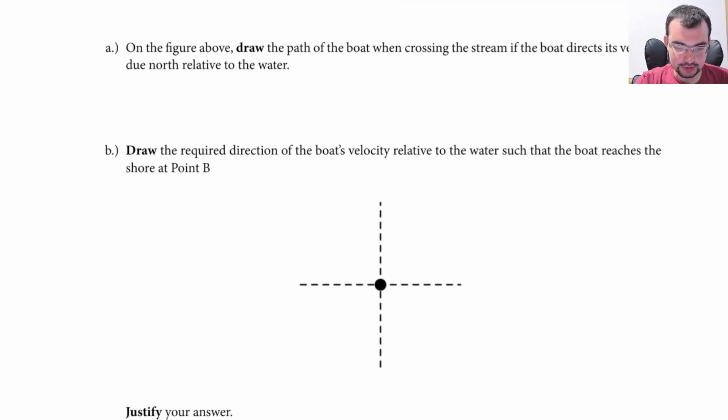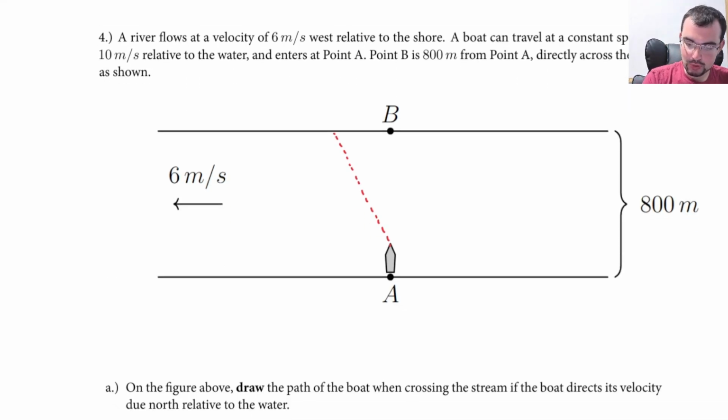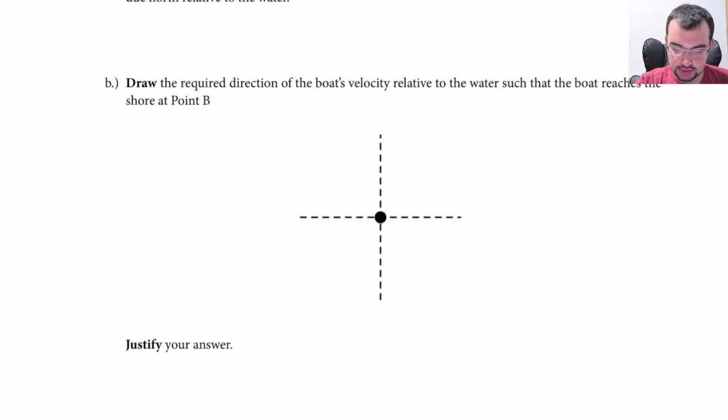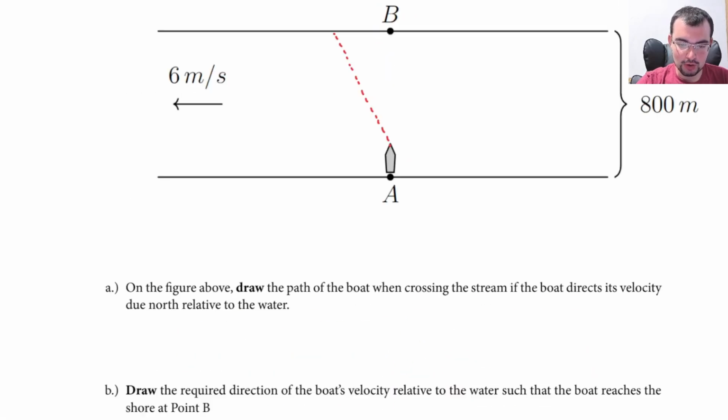So what do I have to do instead if I'm trying to get to point B? Well, it should be clear from this picture that if you went due north, you sort of miss it this way. So what the boat has to do is cancel the river velocity. So the boat wants to put its velocity this way in order to cancel the component from the river. So I said the boat must have a northward component, obviously, right?